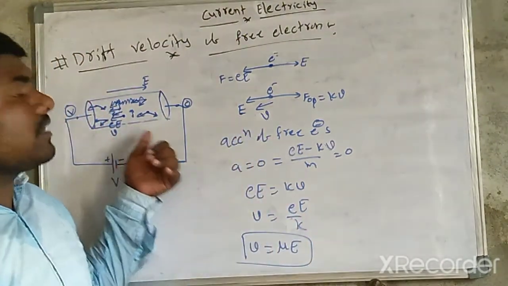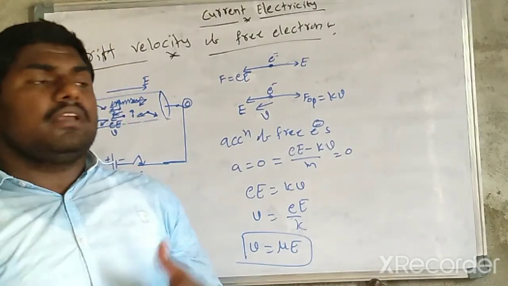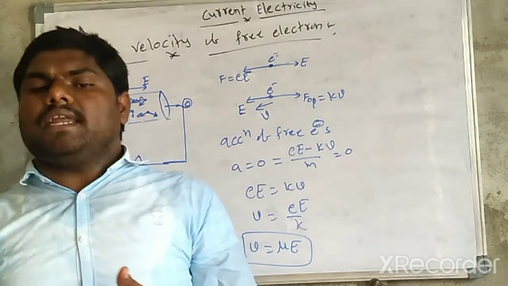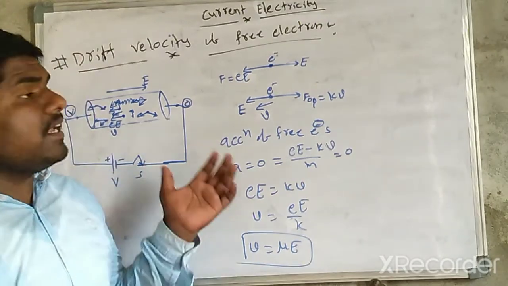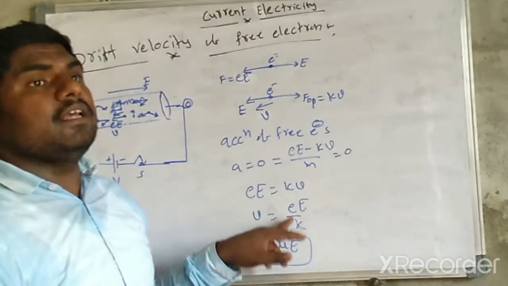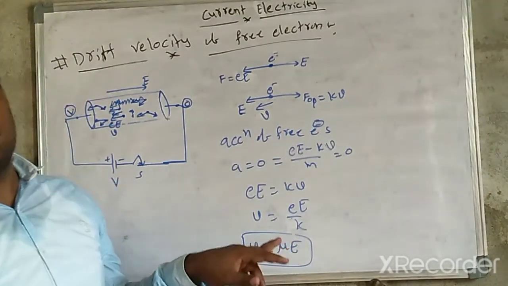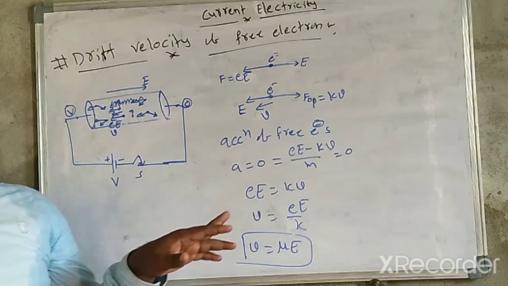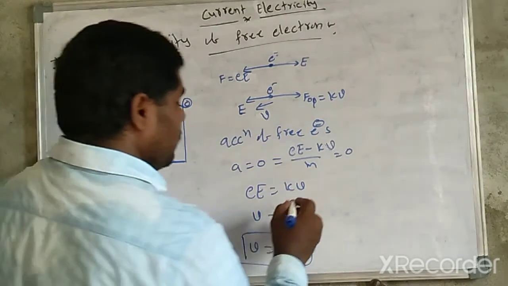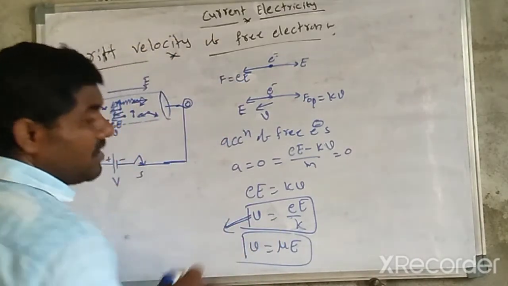In different materials, you may consider the material, and if it is a conductor, consider the mobility of the free electron in the conductor. So mu is equal to e by k, the electron charge divided by some proportionality constant k. This velocity is nothing but the drift velocity.